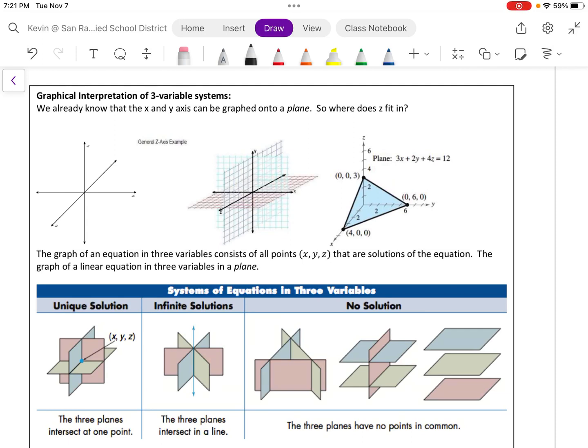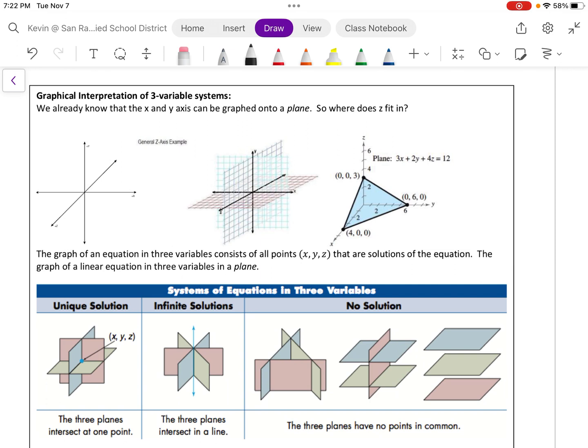Okay, this is 7.3, page 2, and there's a lot going on here, but it wants to try to give you a visual example of what we're talking about when we talk about multiple three variable systems. We know that if you have x and y with x and y axes, then it can be graphed on a plane.